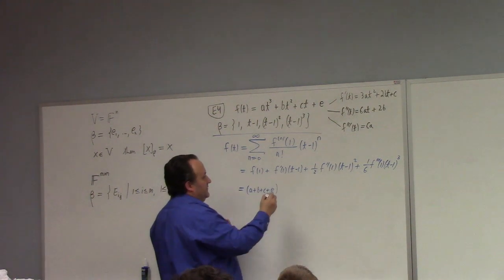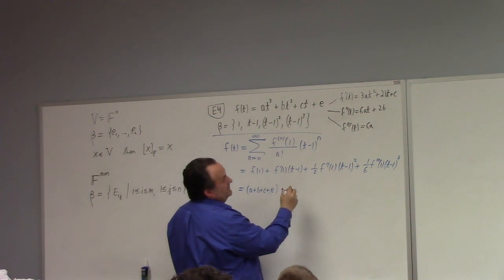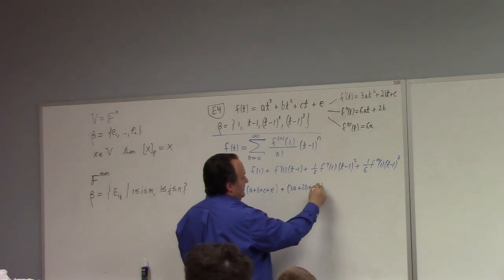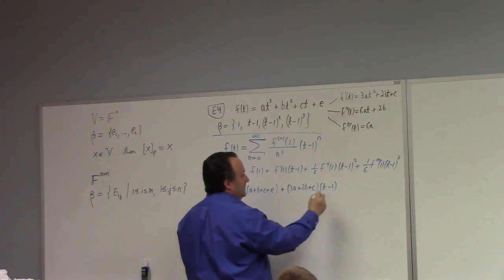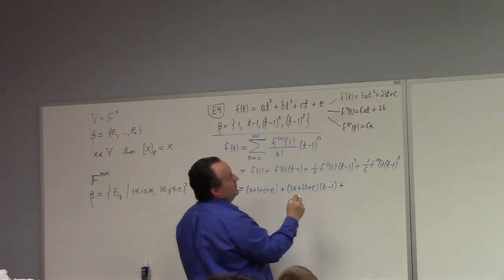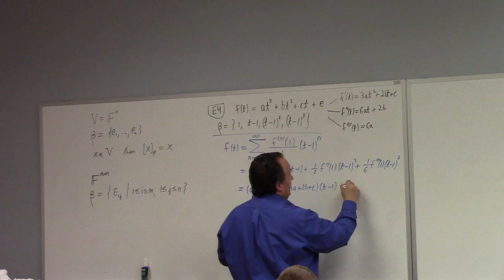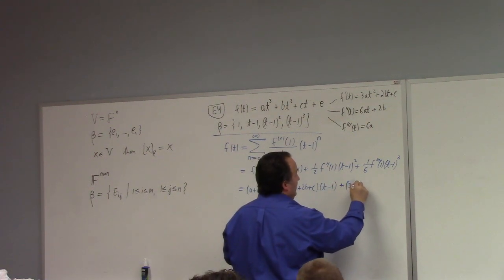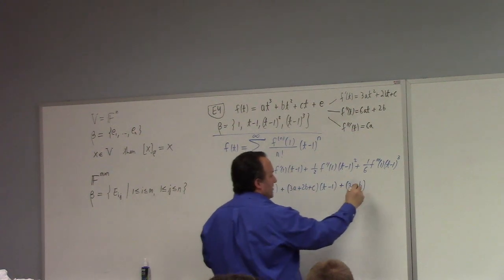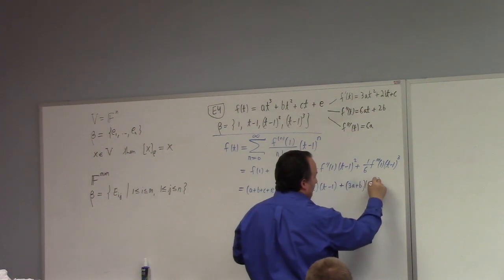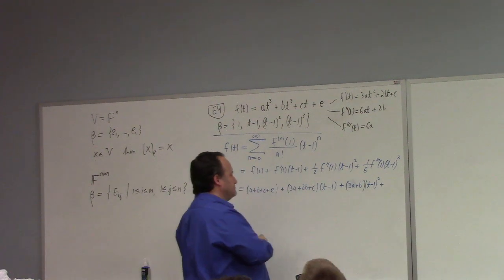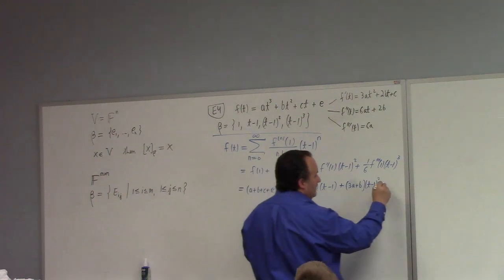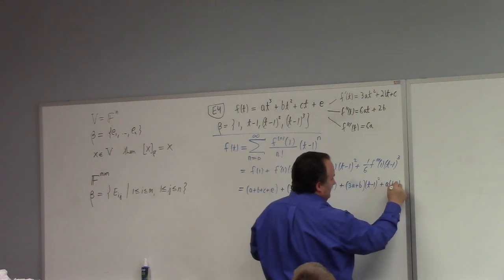You got it. So we've got f'(1) is apparently 3a plus 2b plus c, times (t minus 1). And then 1/2 f''(1), so I got 3a plus b there. I divided by 2, times (t minus 1) squared. And then that's going to work out to a times (t minus 1) cubed.